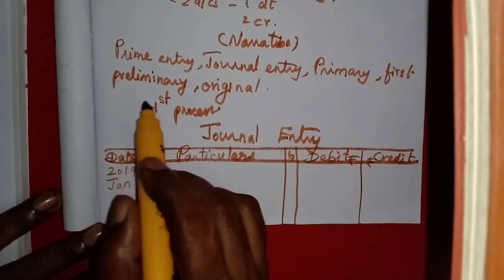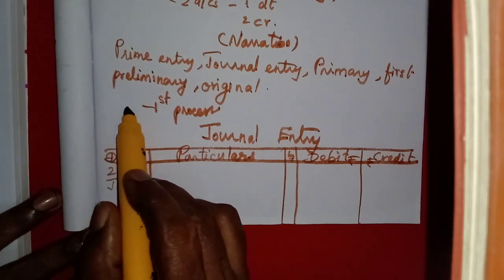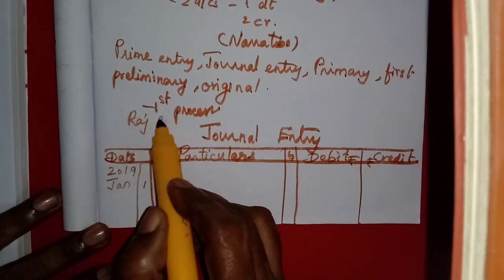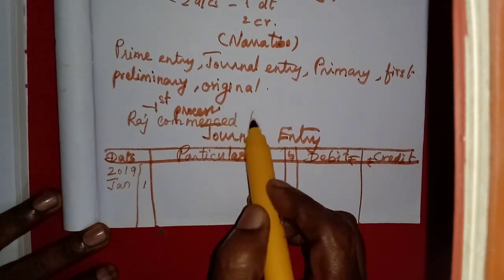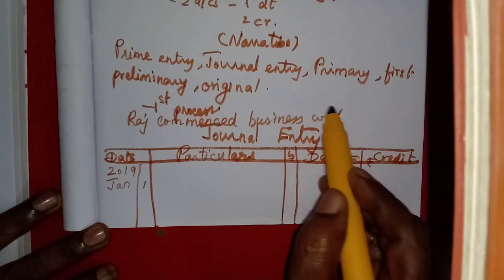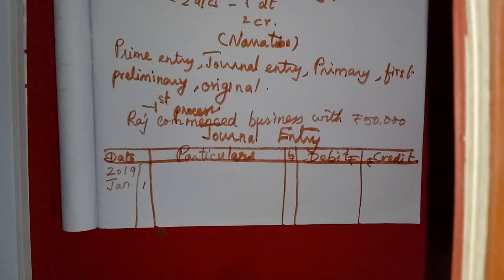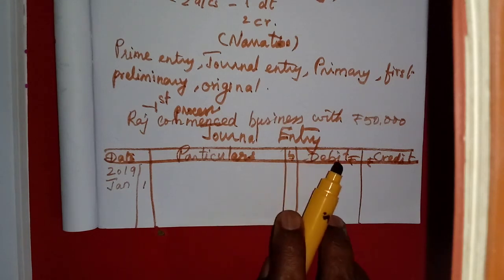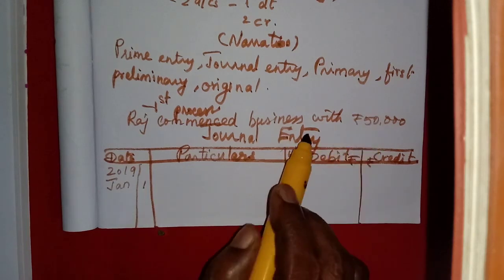For example, if the transaction is that Raj commenced business with rupees 50,000, this is the first transaction. So we have to prepare one journal entry here. I will explain this with an example: Raj commenced business with rupees 50,000.